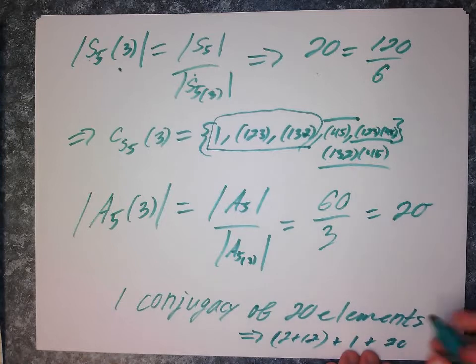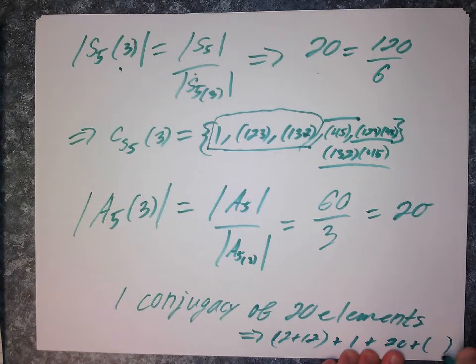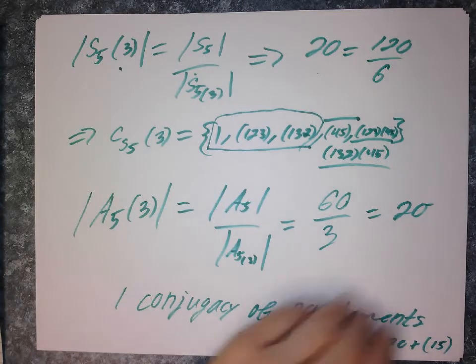And so that means that we just have the 2-2 cycles, which, although we don't know how the conjugacy classes will divide, we know we'll end up having to equal 15. And then when you add up all these elements, 12 plus 12 is 24, plus 1 is 25, plus 20 is 45, plus 15 is 60, which is the order of A5. And so it should all end up working out.